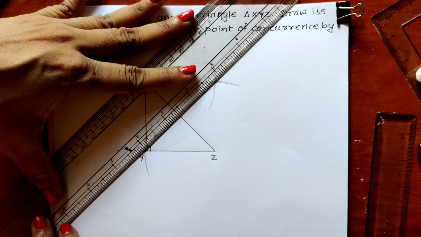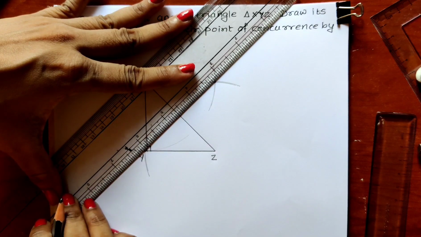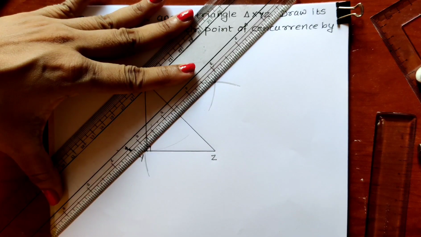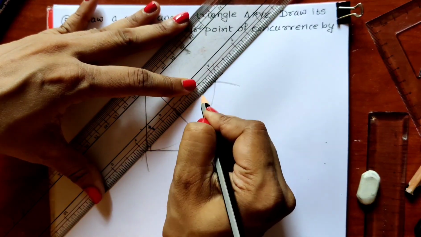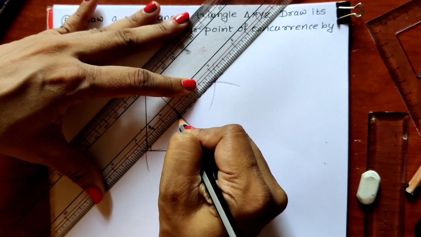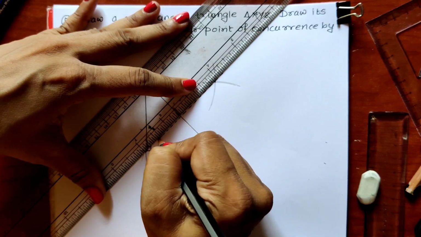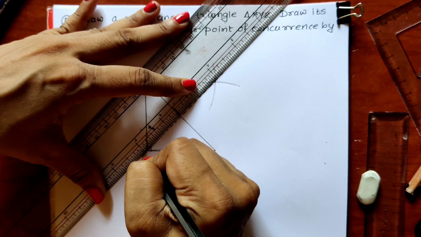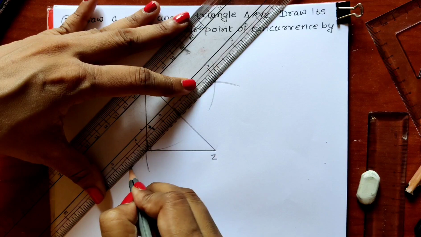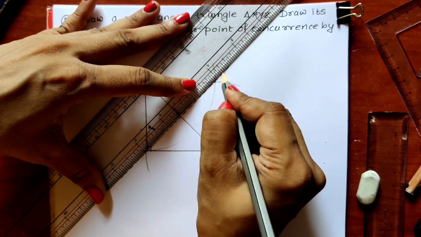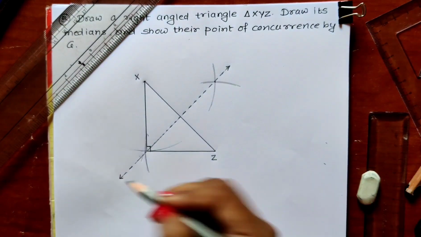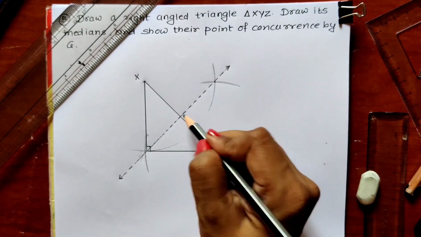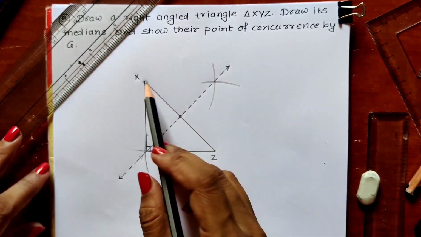I will be drawing a dotted line here. Okay, and this way we have got this midpoint here, midpoint of XZ.